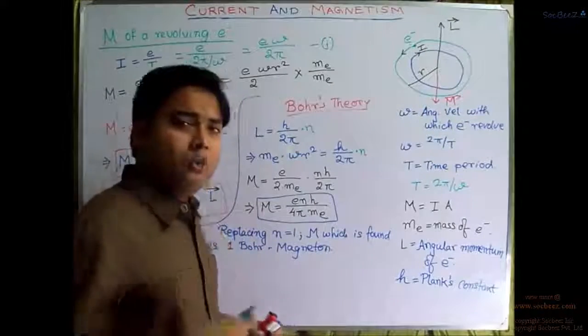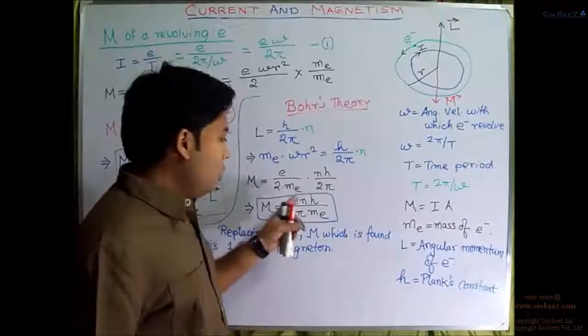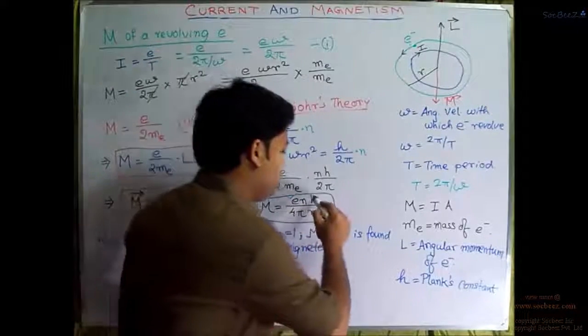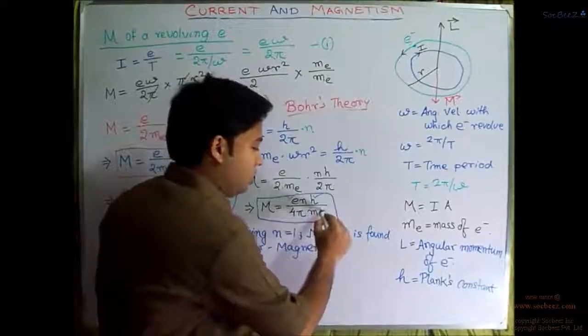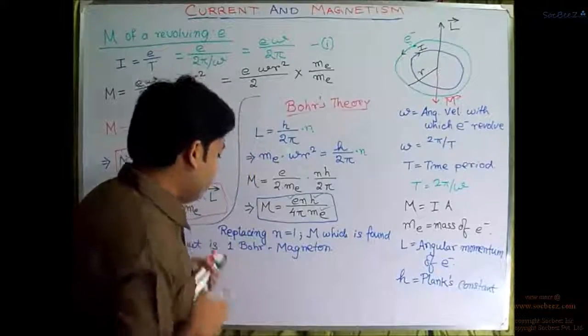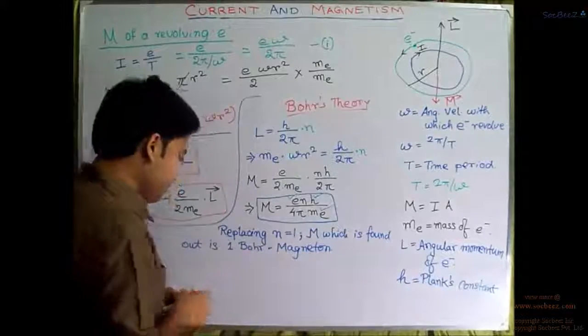Right? Now we know the charge of one electron, we know over here that n is equal to 1, we know the value of the Planck's constant, and also we know the value of the mass of an electron. So we can obviously find out the value of one Bohr magneton, right?